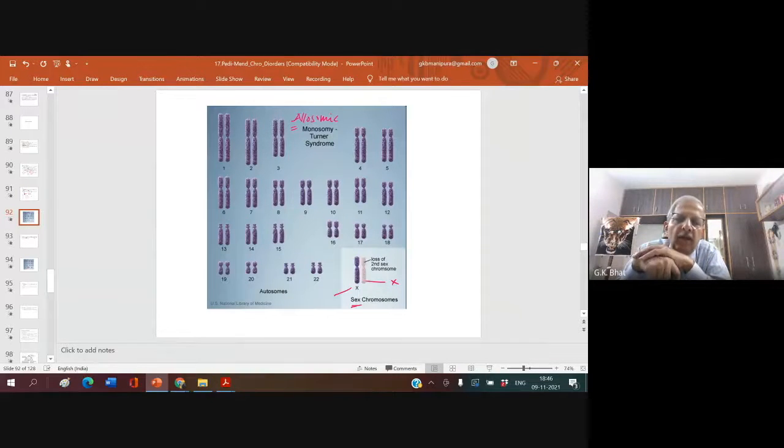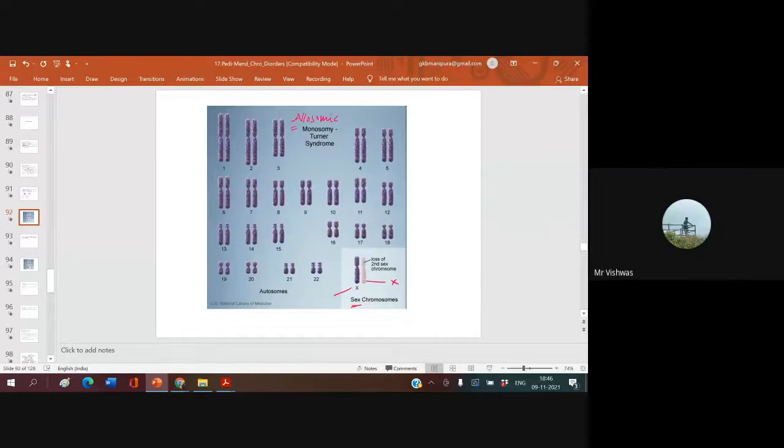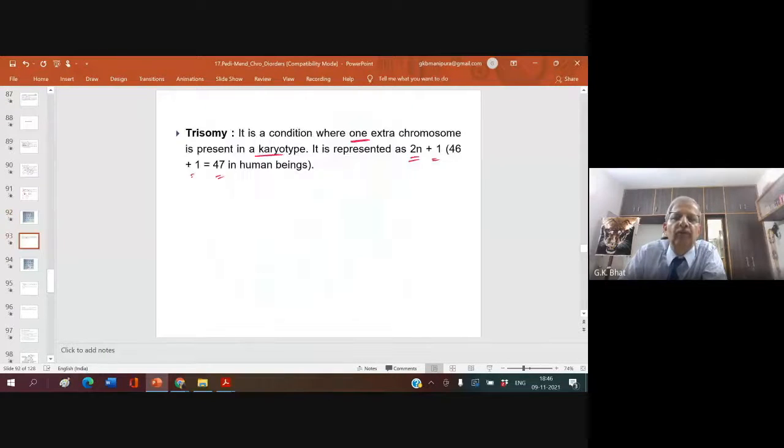Disomy is two copies. In monosomy, some chromosome is only in one copy. In trisomy, some chromosome is in three copies. Have you followed this?